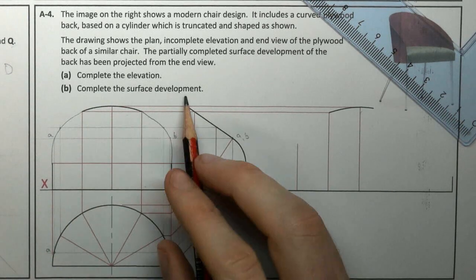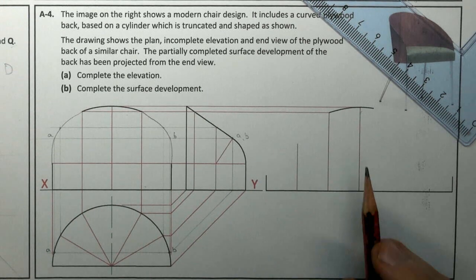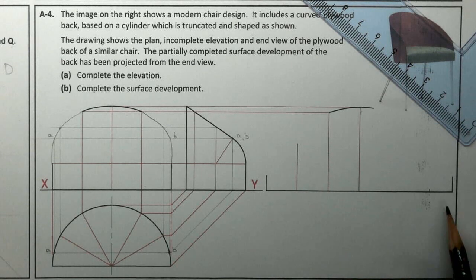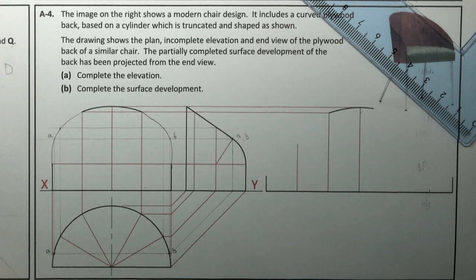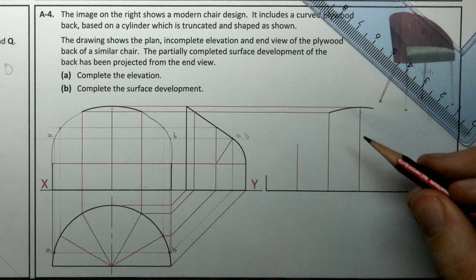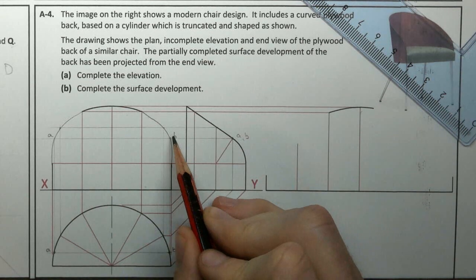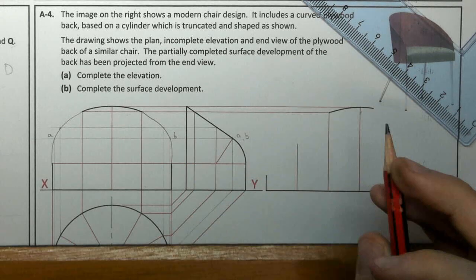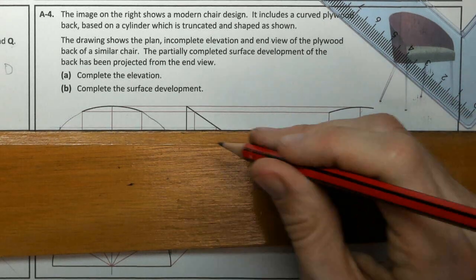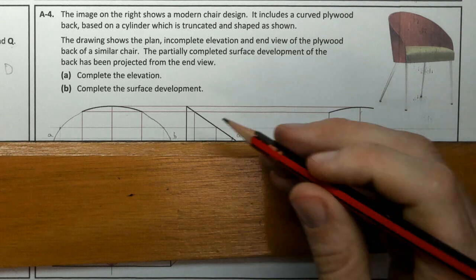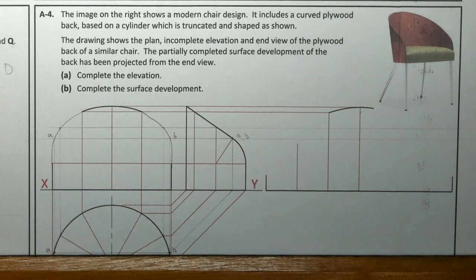Now complete the surface development. They have given us some of these generators already, and they've given us where it's going to finish. That is kind of going to give you clues in the exam. We have heights already established here for those other generators. So let's project those across, and for AB, project those across also.